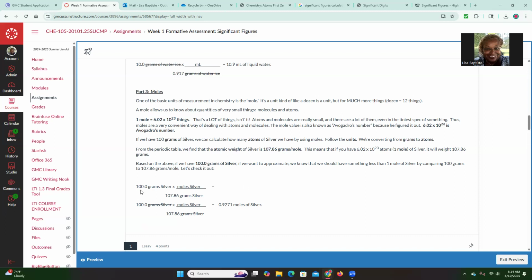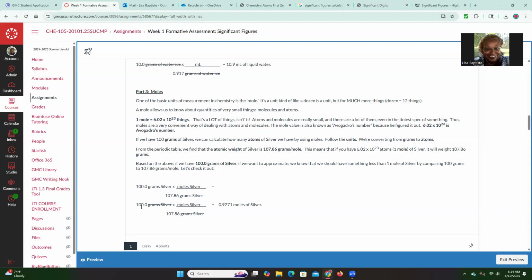And so if we start off with 100.0 grams of silver times 1 mole of silver over 107.86 grams of silver, then you are looking at how many moles you want to find. Because the grams are on the top and the grams are on the bottom, they're going to cancel out.